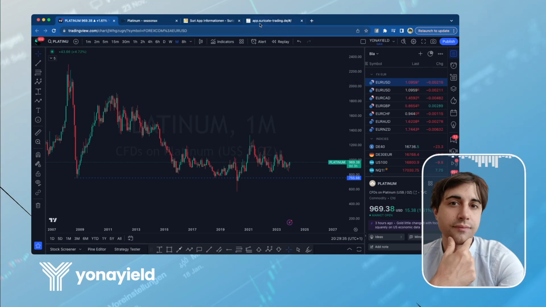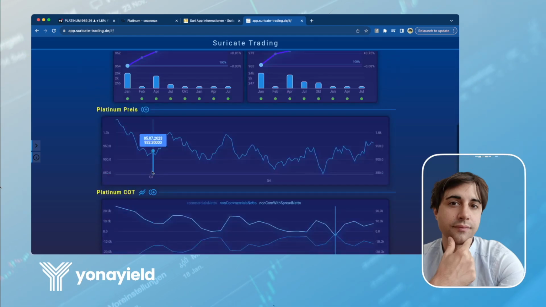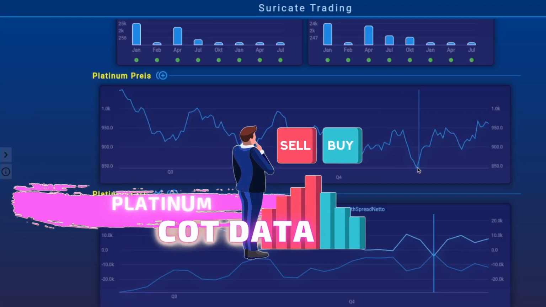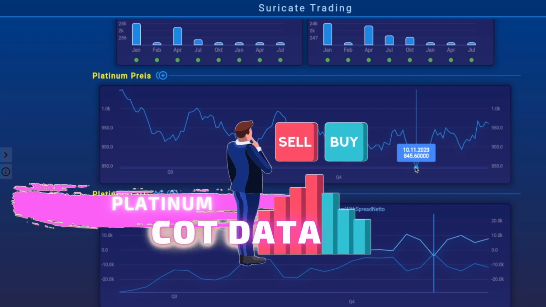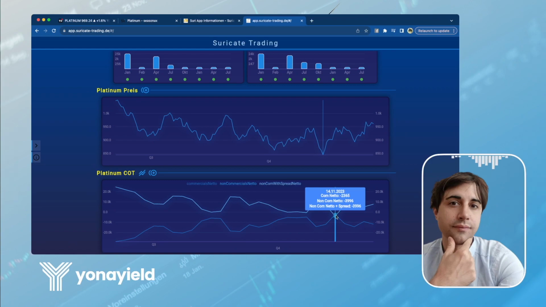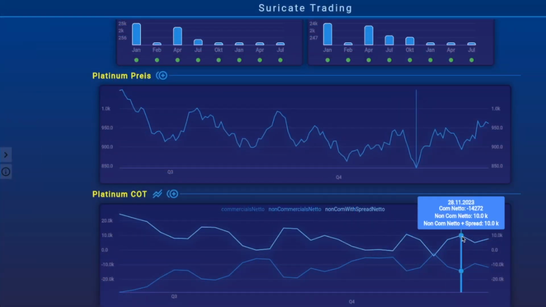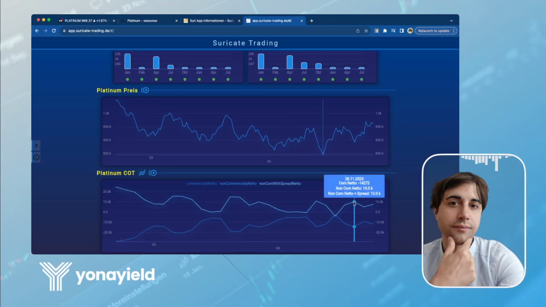Now to wrap it up, we want to look quickly at COT data of platinum. So I selected platinum right here, and yeah, we can see here in the price once again there was a low point taking place last month on the 10th, and basically we can see later that the commercials and the large speculators have been here at the zero line pretty much, and now once again we can see that the non-commercials, so that are the large speculators, they are buying, and we basically want to go with the non-commercials because those are basically the large players in the market, like the hedge funds, and they are basically here moving upwards again.